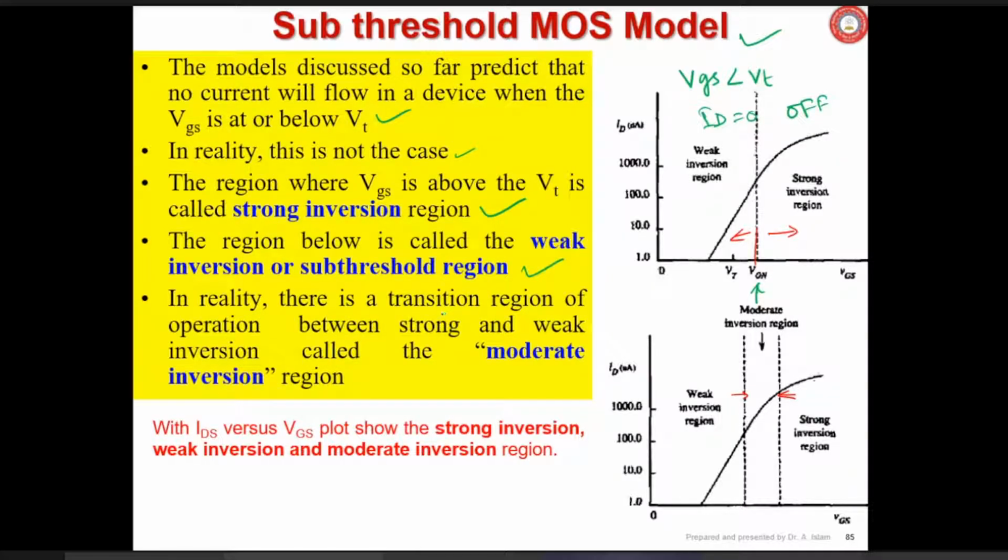In reality, there is a transition region of operation between strong and weak inversion called the moderate inversion region. This axis is the VGS axis, the x-axis, and this region is called the moderate inversion region. Plot IDS versus VGS showing the strong, weak, and moderate inversion regions.